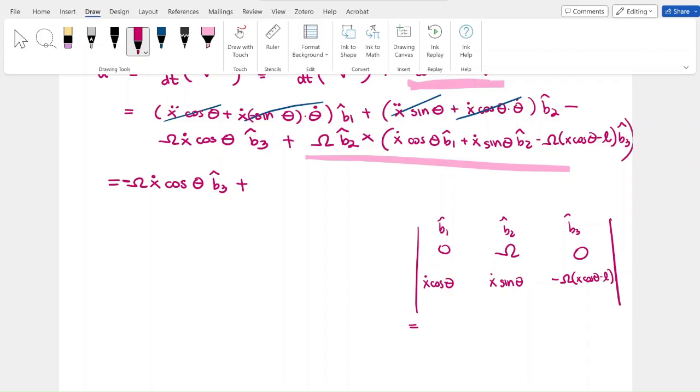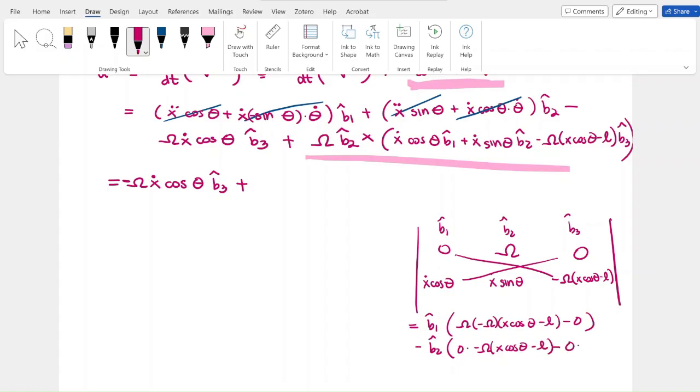When we take this determinant, we have B1 hat equals omega times negative omega x cosine theta minus L, minus 0. We multiply this minus this. Then same thing for the B2 hat, but we put a negative sign in. So we do 0 times omega cosine theta minus L, minus 0 times x dot cosine theta, which is just 0.